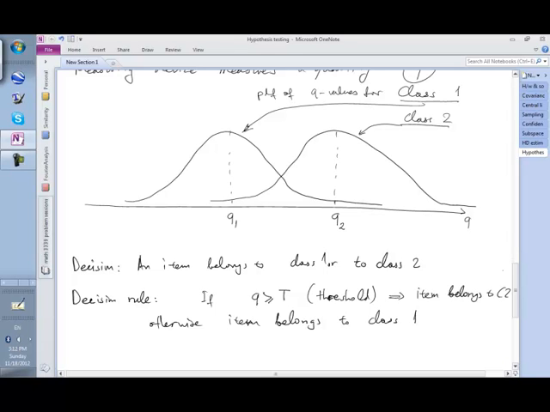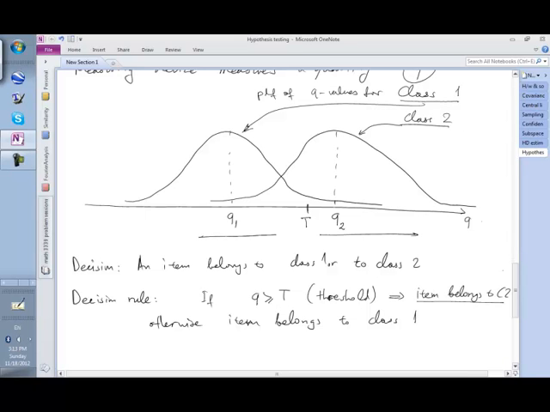So on the horizontal axis, where we mark the values of Q, we will have two decision areas, an acceptance and a rejection area. If a value of Q falls within what we call the rejection area, we will say that the item belongs to class C2. Otherwise, the item belongs to class C1. So we need to place the threshold T. The threshold T is the boundary of the two areas. Let's say that we place the threshold T here.